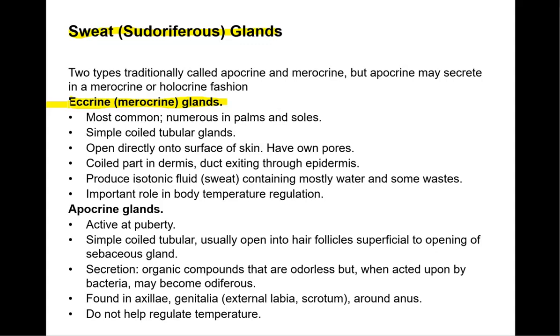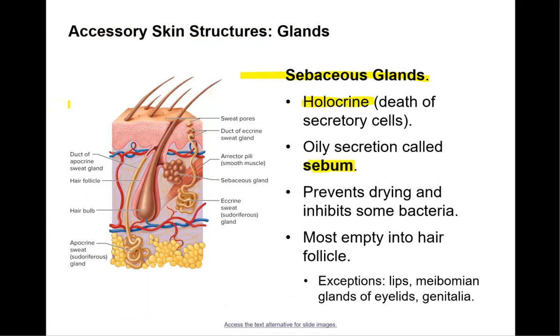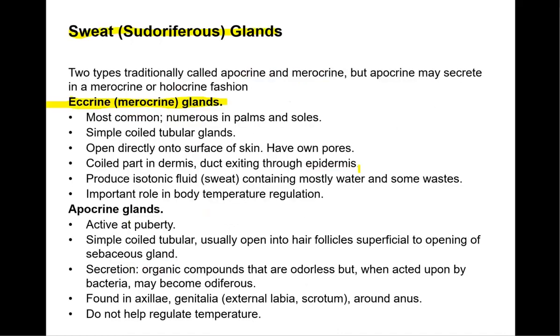The cell is not damaged in any way when the secretion is released in a merocrine secretion. Holocrine secretion, like the sebaceous glands, the cell that secretes the sebum is going to be destroyed along with the secretion.